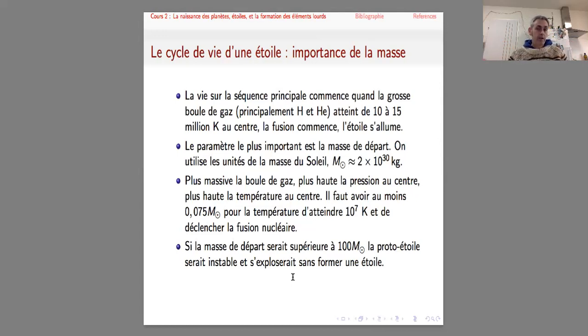Well, this is interesting now because we have a range of masses that's required in order to have a star. If you don't have enough mass, then you can't reach the high enough temperature. If you have too much mass, more than 100 solar masses, then it gets too hot in the center and it blows itself up.